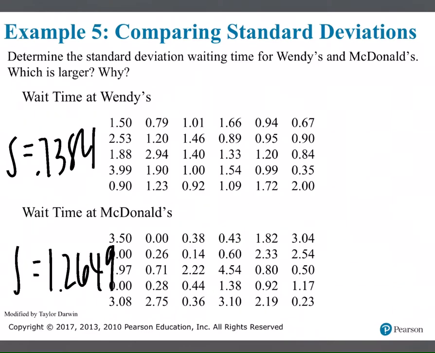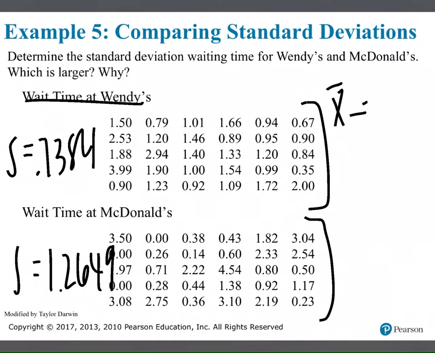I did that by basically doing that for all of these numbers, so that would take forever, right? Basically, the smaller your standard deviation is, because Wendy's has a smaller standard deviation, we can rely more on them. Let's see, what was my X bar? It was 1.39, I believe, for both of them. Sorry if I got that wrong from the beginning.